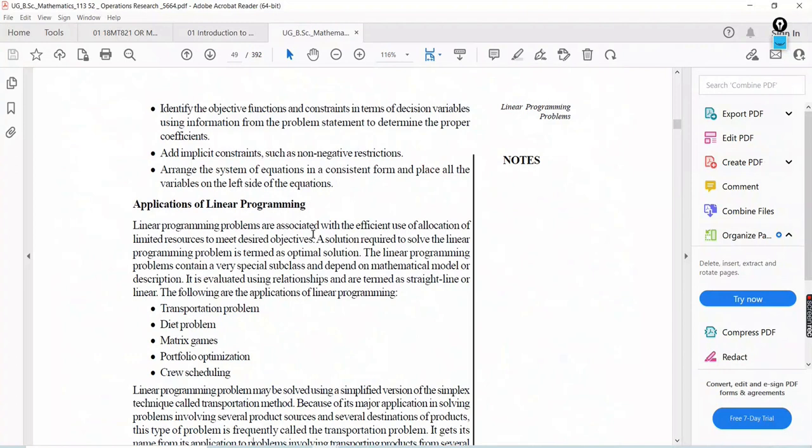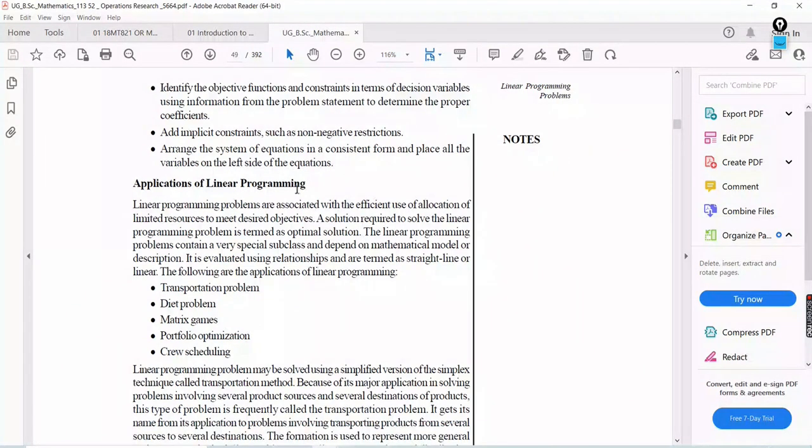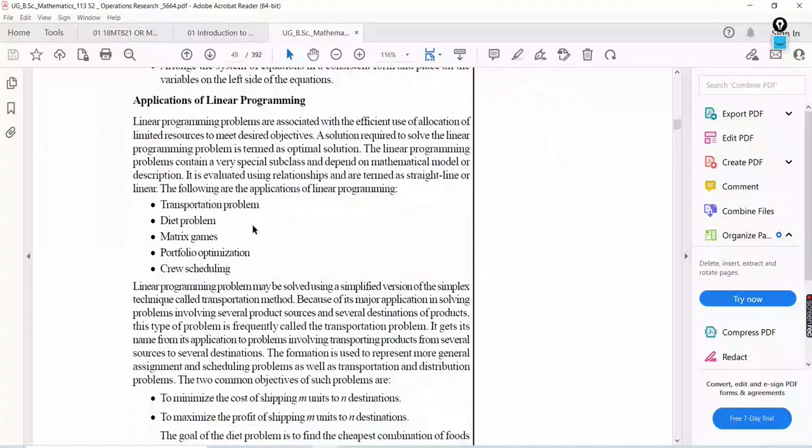Here is where we can use linear programming applications. Where there is complexity, we can use linear programming problems, especially in the case of the transportation problem, diet problem, matrix games, portfolio optimization, and crew scheduling, in order to minimize or maximize. In all these cases, these mathematical models are most commonly used.